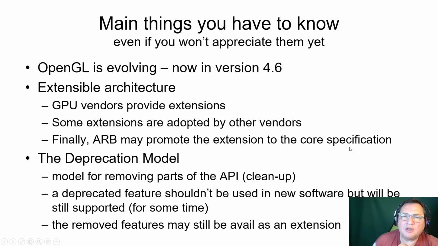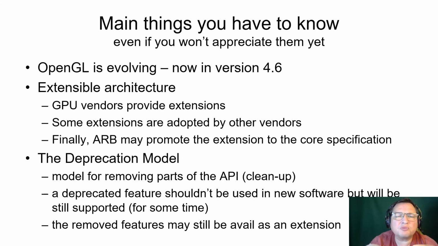Okay, a few more facts that you may not be entirely sure how important they are right now, but very soon you will recognize them as actually a crucial thing about OpenGL. So today, just a quick introduction. OpenGL is evolving, currently at version 4.6, and its architecture is extensible.